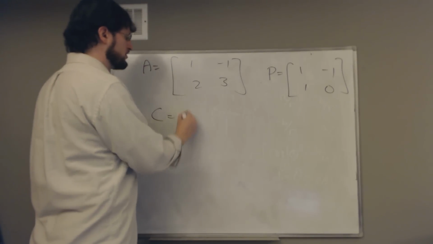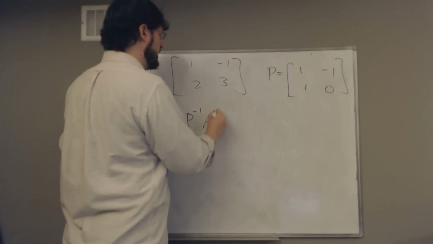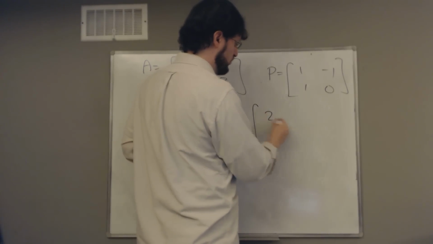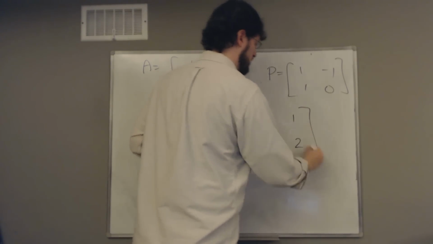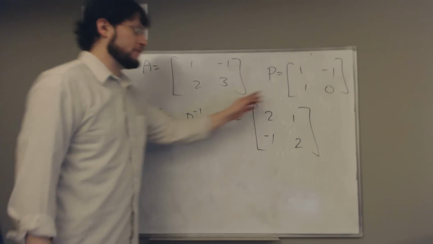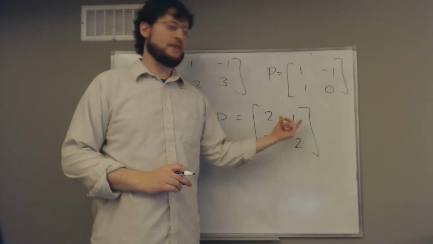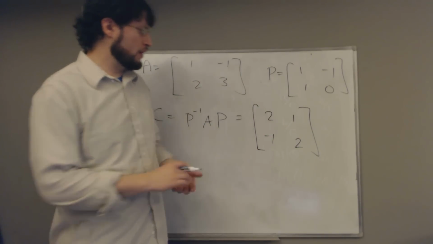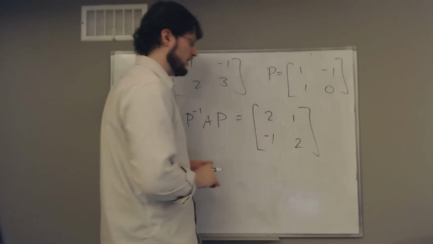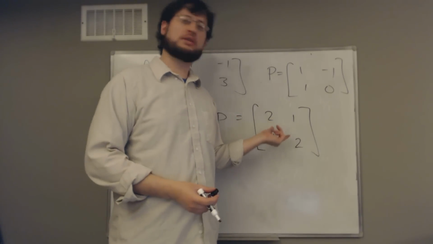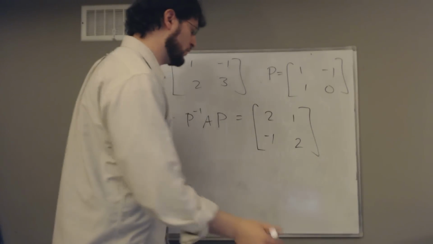We calculated the matrix C, P inverse AP, and found that we got 2, 2, minus 1, 1. We discovered that this corresponded to a scaling factor of the square root of a squared plus b squared, which is the square root of 5. So we scaled by the square root of 5, and then we rotated through an angle theta.